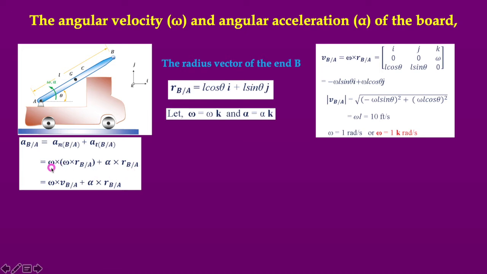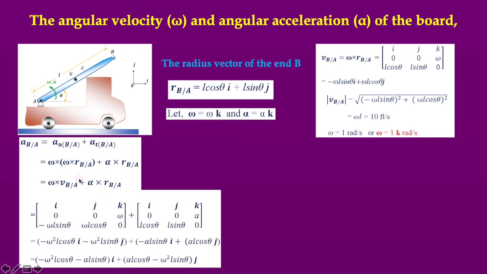Now we know the value of omega and RBA, and alpha is unknown, equal to alpha k, and RBA is also known. Now substitute these values here, and substituting these values we get this equation.